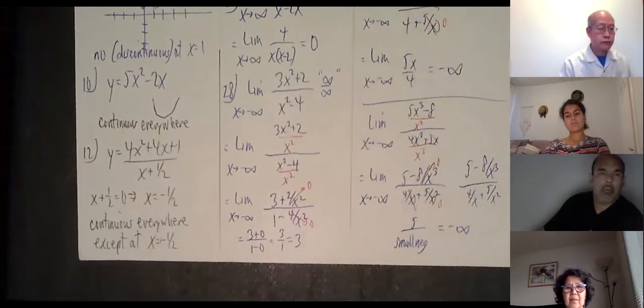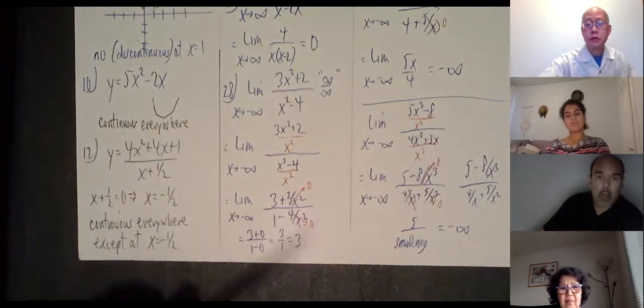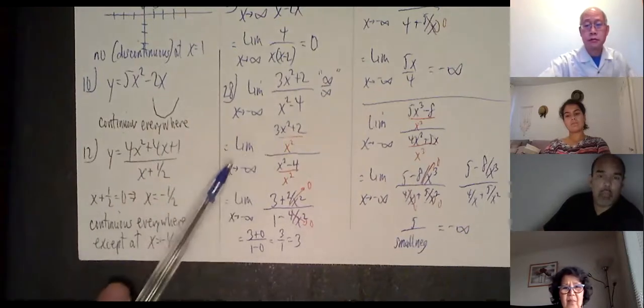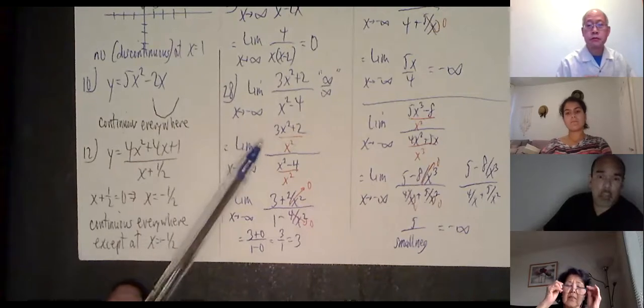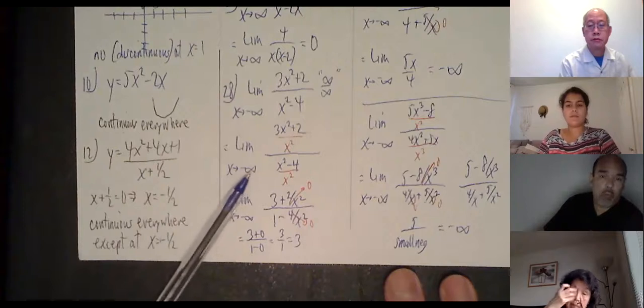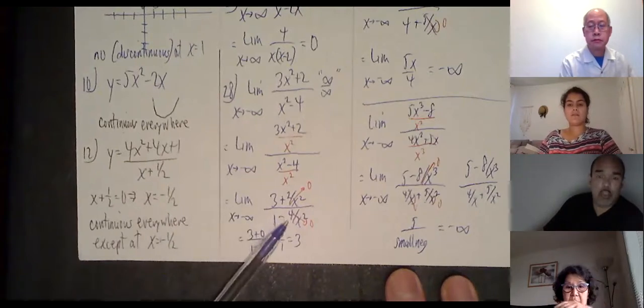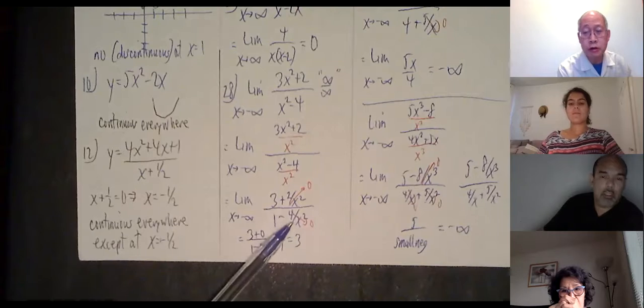Professor, in your step 2, 3x squared plus 2 over x squared, I see that the x squared cancels out, but underneath, x squared minus 4 over x squared, it cancels into a 1. Right, 4 over x squared becomes 0, so the denominator is 1 minus 0.